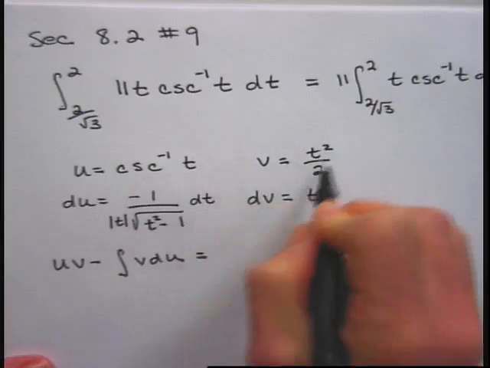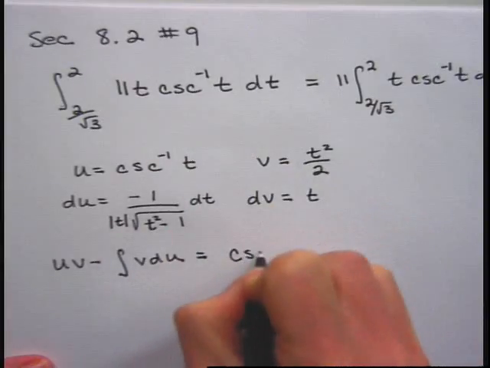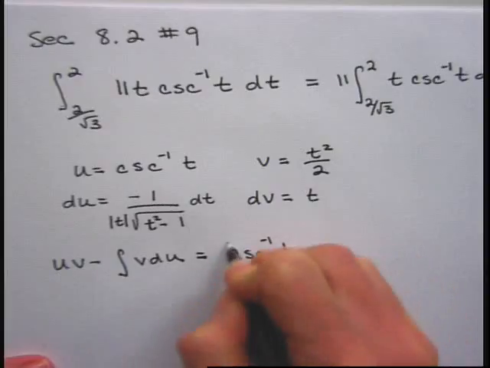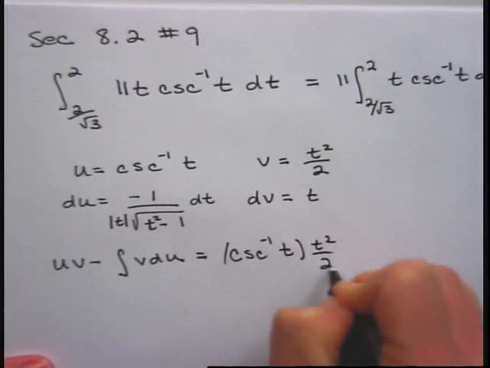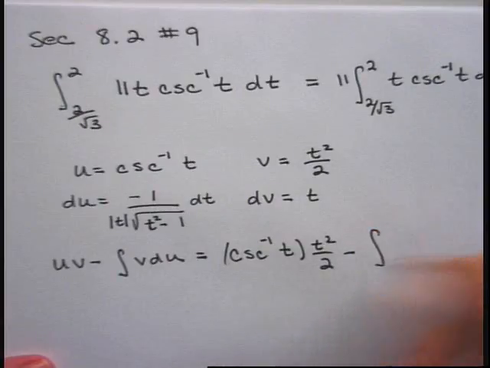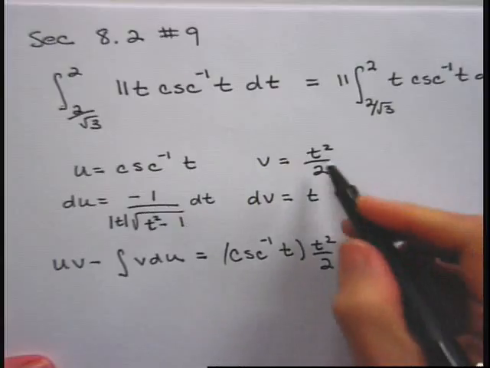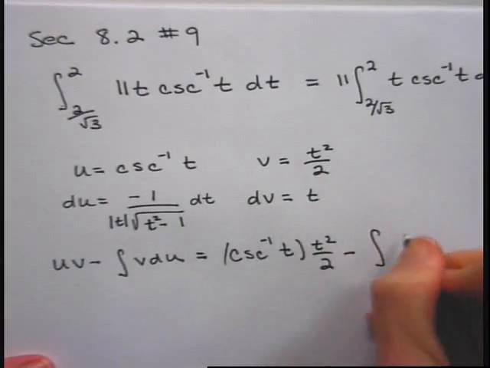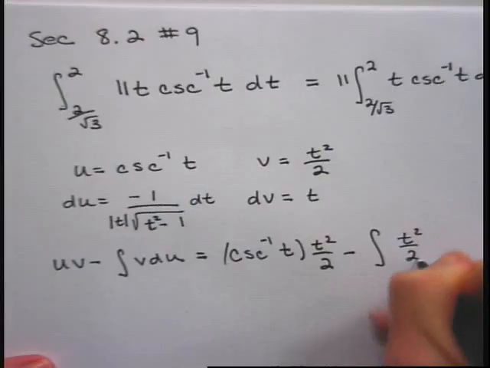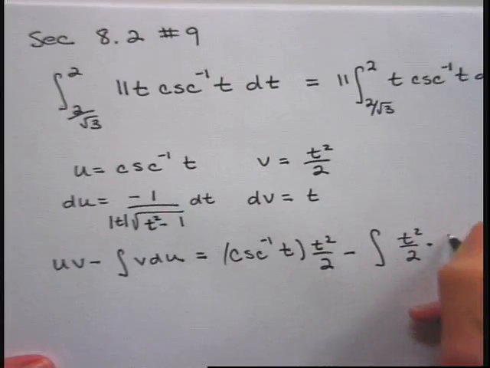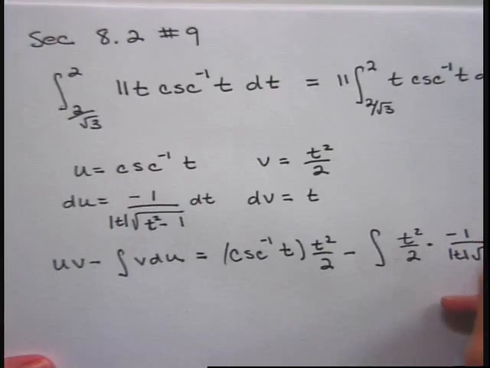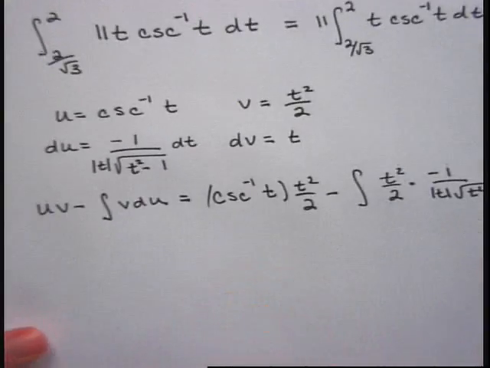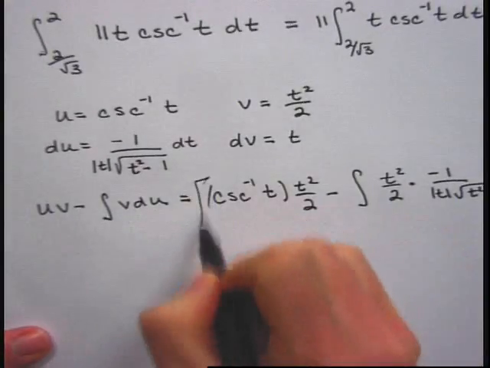So it's going to be u times v, which is inverse cosecant t times t squared over 2, minus the integral of v, which is t squared over 2, times du, which is negative 1 over the absolute value of t times the square root of t squared minus 1 dt.